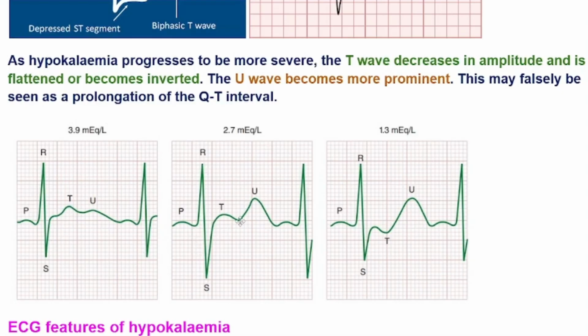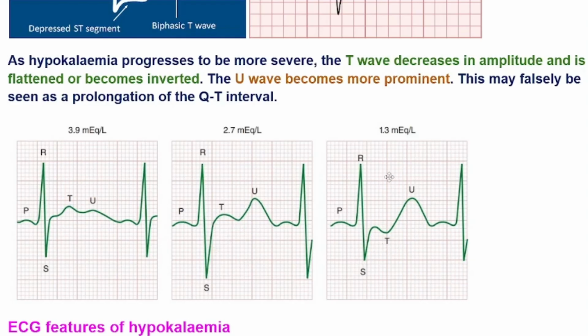As we can see in these ECGs, when the patient's potassium level is 3.9 milliequivalent per liter, we can see U wave in patient's ECG. But when the level of potassium decreases to 2.7 milliequivalent per liter, we can see prominent U wave and ST segment starts to depress, and even the T wave starts to invert.